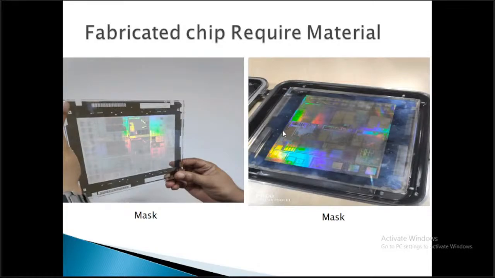So at the top level, first we create the mask, and on the basis of the mask we put those chip photos on those masks, we etch them, then there are different steps.